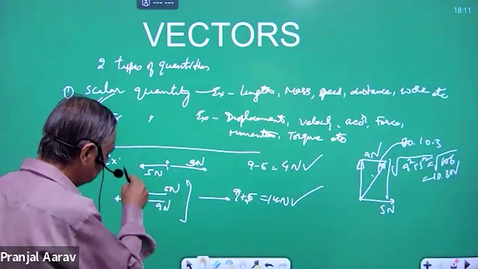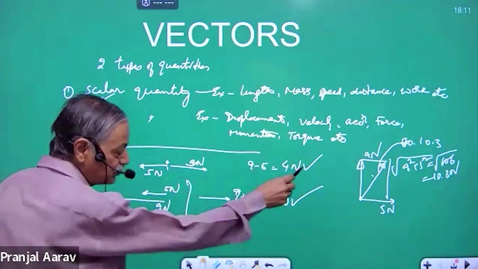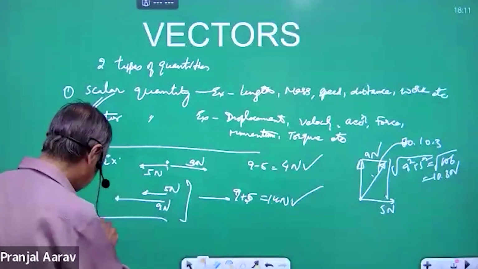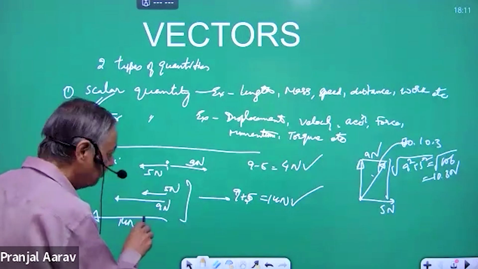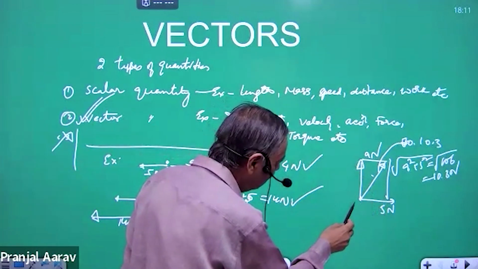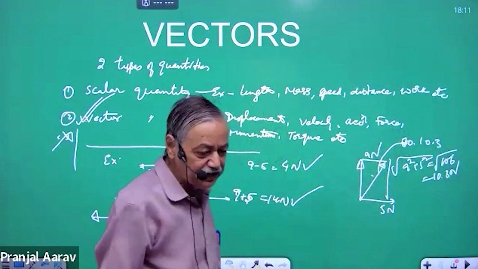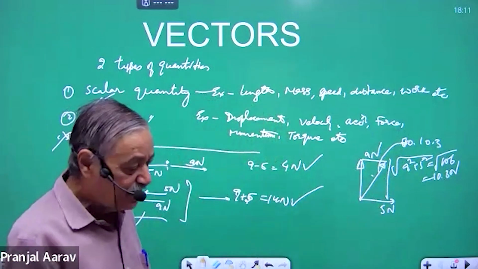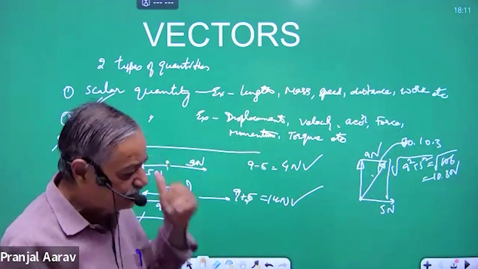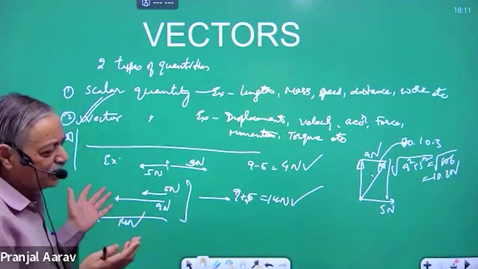This force has got this direction. This force has got towards right. When you add them, then you get 14 Newton. These two, their resultant or their net force is this direction. So the direction can keep changing. The direction could be along x-axis, it could be along minus x-axis, or it could be any other direction.